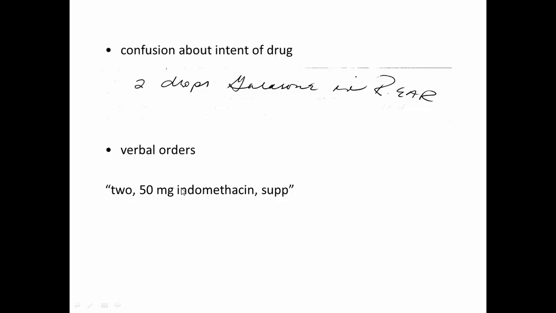Somebody said over the phone 2 50 milligram indomethacin suppositories, and of course what they heard over the phone was 250 milligrams indomethacin suppositories. And so the person received 250 milligrams instead of 2 50 milligram suppositories, again a greater amount of that medication than what they were supposed to receive.